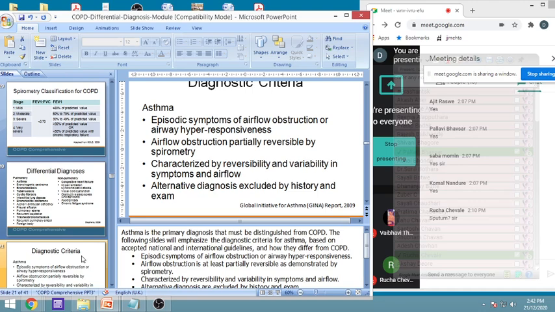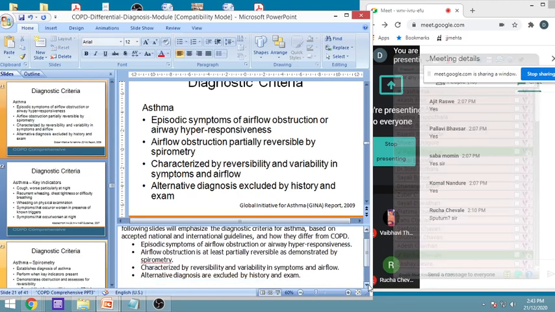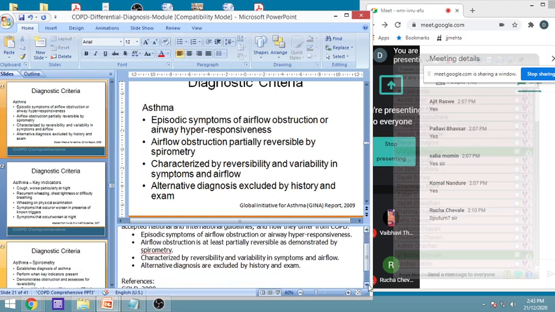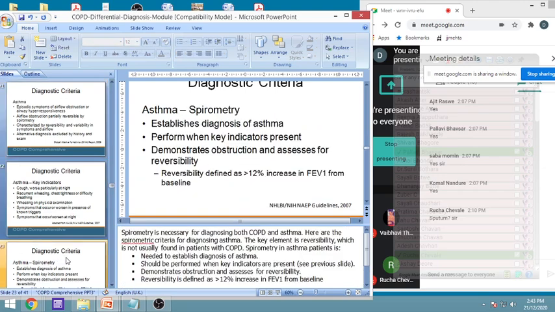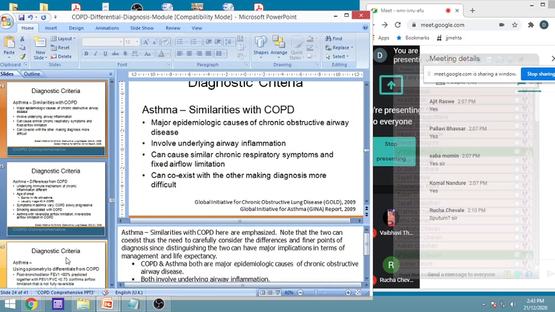So this is another criterion, another way by which we can make this diagnosis. Then it is characterized by reversibility and variability of the symptoms and the airflow. We have different kinds of airflow variations. Alternative diagnoses are excluded from the history and examination. On that basis we can understand and compare.